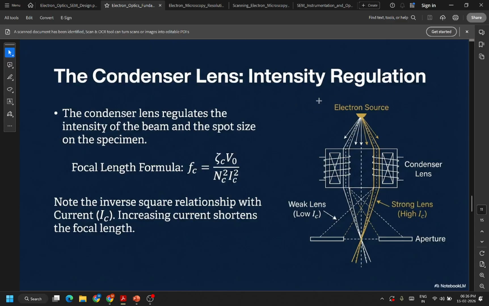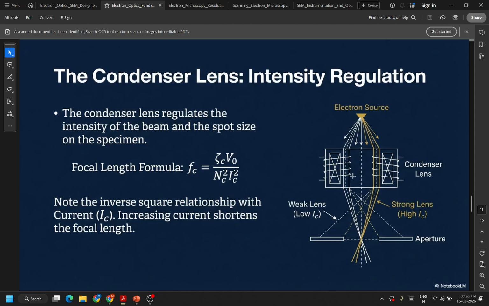Then you have your condenser lens, which is used to regulate the intensity. After the condenser lens, there's an aperture. The condenser lens regulates the intensity of the beam and the spot size, and the focal length formula for the condenser is given as Fc equals eta c B naught by n square I square.